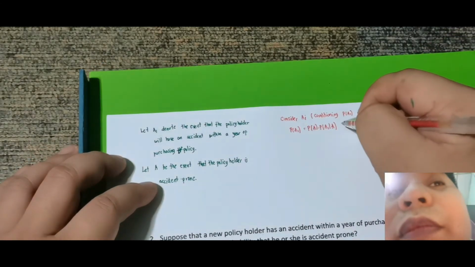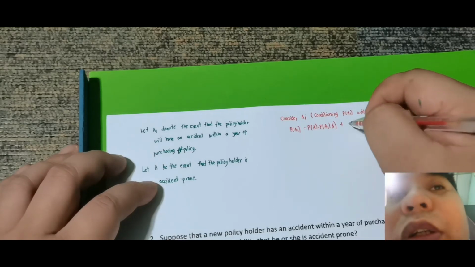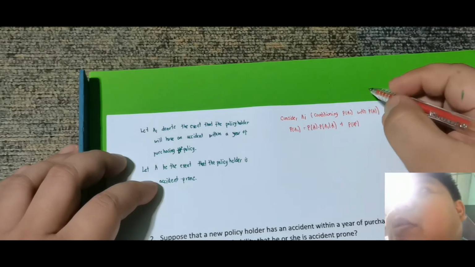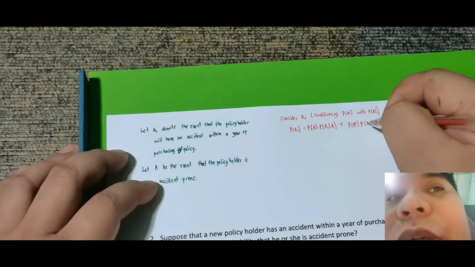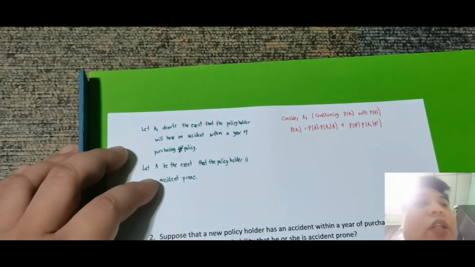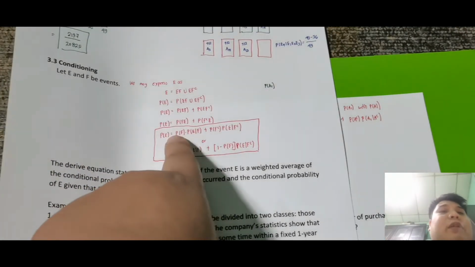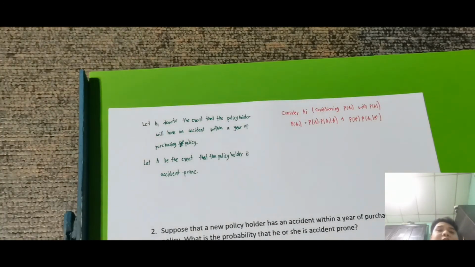Then plus, based sa formula doon, this is probability of A complement times the probability of A sub 1 given that A complement has occurred. Okay, so yan yung kanyang conditioning. So ganun ina-apply yung formula. So yan yung ginawa natin.